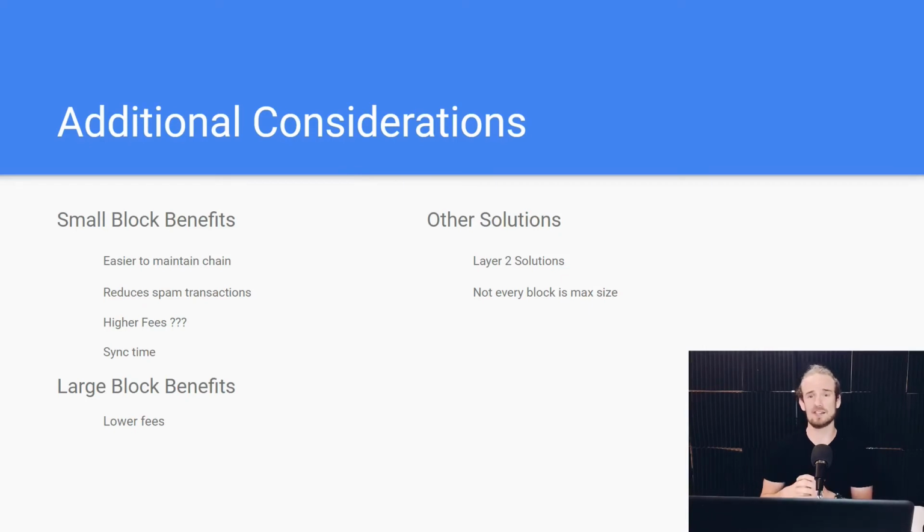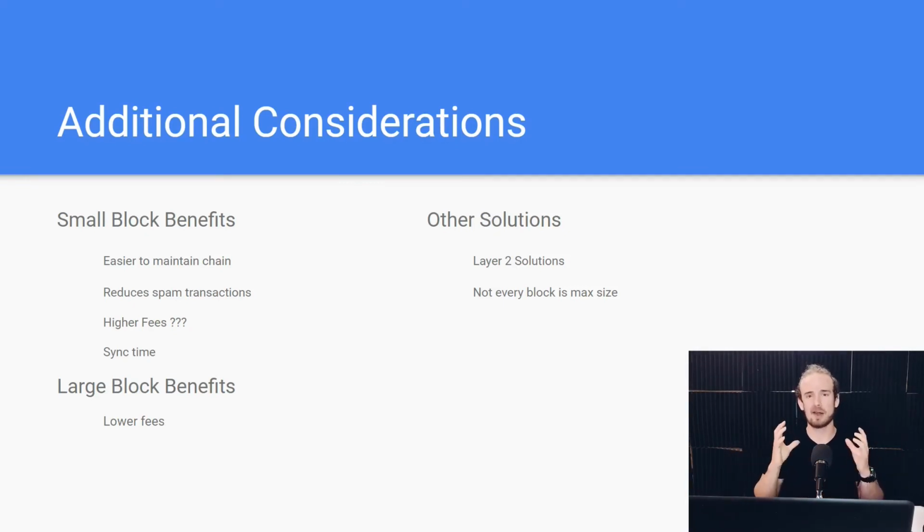Some people would even say that the smaller block size increases the fees, which it does, but that those fees could actually be a benefit because it forces people to prioritize their transactions, not just spam a bunch of transactions to the network and overload the network and slow the network down, but to really be judicious in what transaction do I need to put on a blockchain versus what's something that's not really well suited to a blockchain. I can just handle that with a centralized database. So it encourages people to use blockchains efficiently for the things that really need a blockchain.